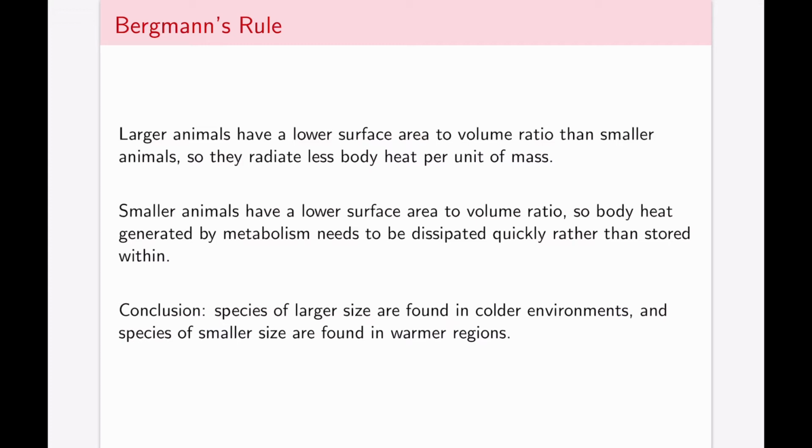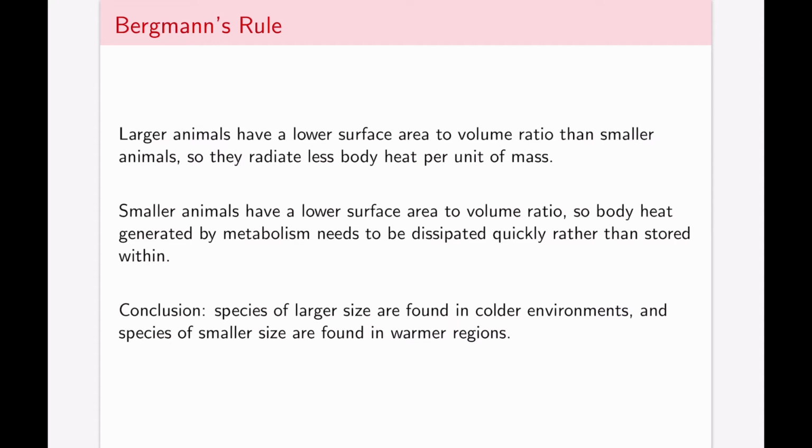So they let go of less body heat, which means that small animals have the exact opposite, a higher surface area to volume ratio, so their body heat is dissipated quite quickly rather than stored within the body. And the natural conclusion to draw here is that species of larger sizes, which are able to hang on to their body heat more effectively, are found in colder climates, as opposed to smaller animals that are found in warmer regions.